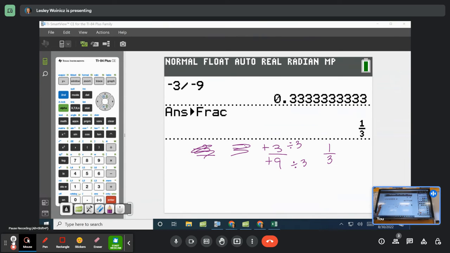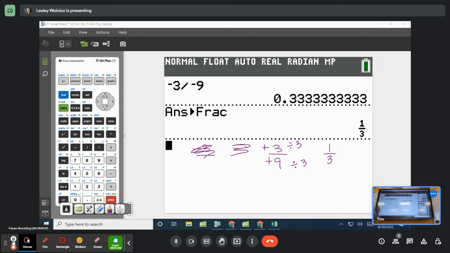Did I answer your question? I can't hear the question. So you guys have 3 from the 2 and the negative 5, right? Then when you bring it down, you would do negative 9 plus 9, which will cross out, and then negative 3 plus 9. We're dividing, not adding.